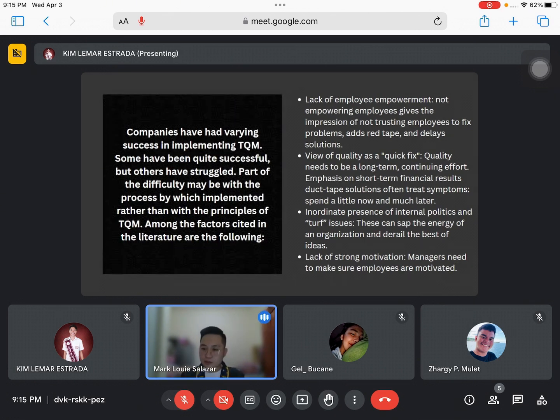The next one is inordinate presence of internal politics and turf issues. This can sap the energy of an organization and derail the best of ideas. So, example ani kay within the marketing team, so maka-create tungod sa conflict sa manager o sa members, so resulta ni o dili productive ang team, then walay unity and madelay ang mga products or mga projects nila.